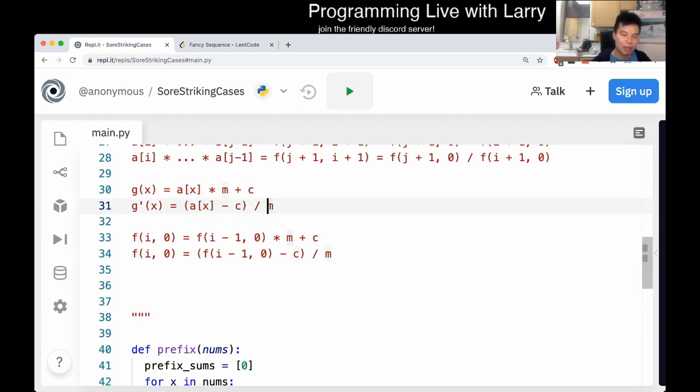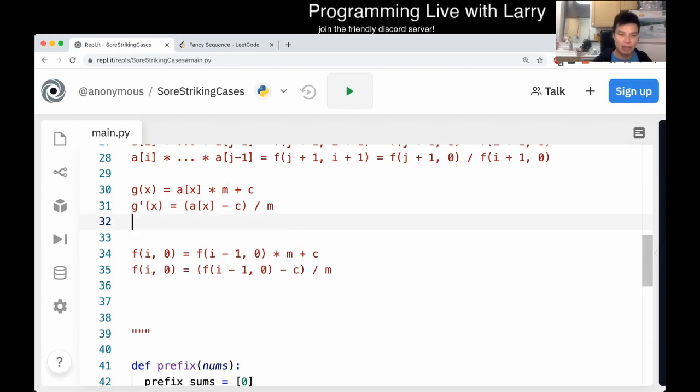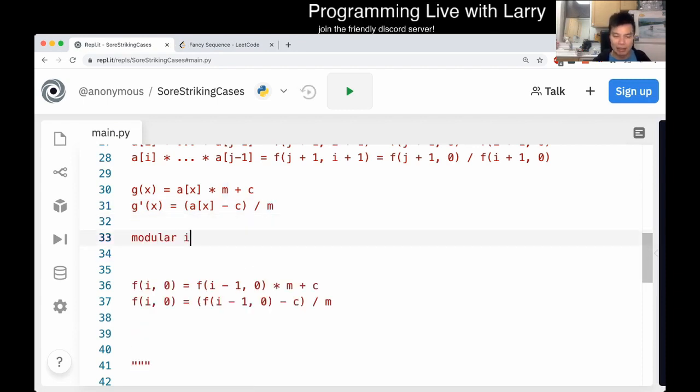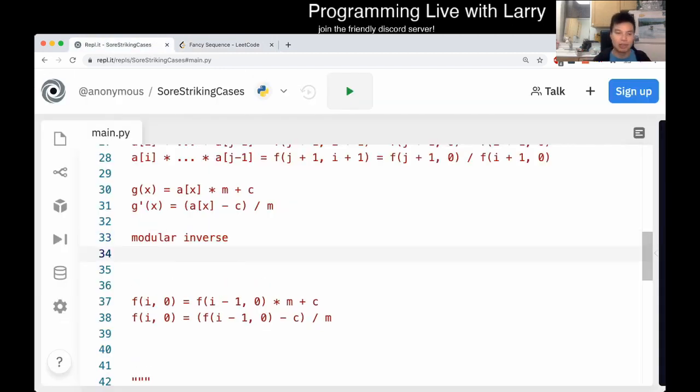And modular inverse. The reason why we have modular inverse is because of this mod thing, because otherwise it gets too big. I would do some Google search on modular inverse, but basically the idea is that you can think about ax is equal to b mod something.